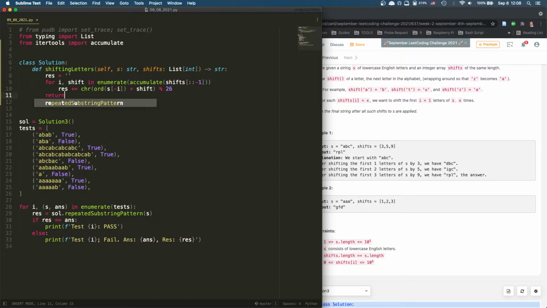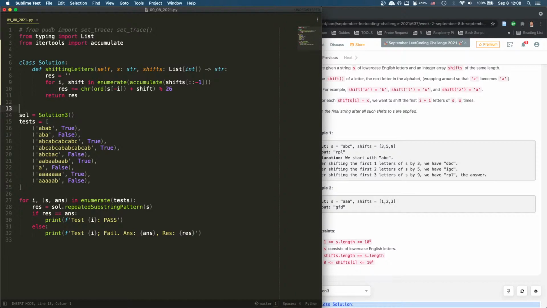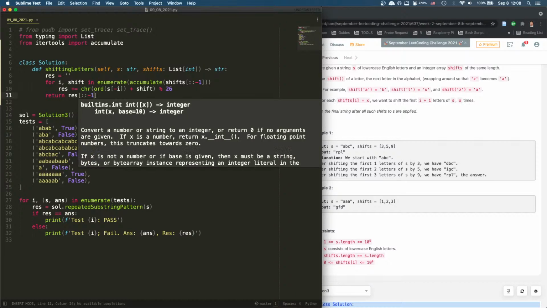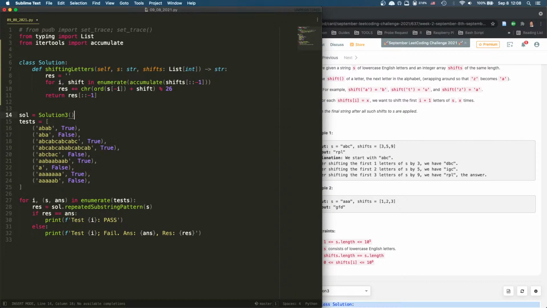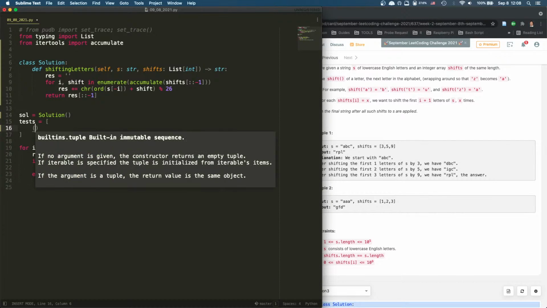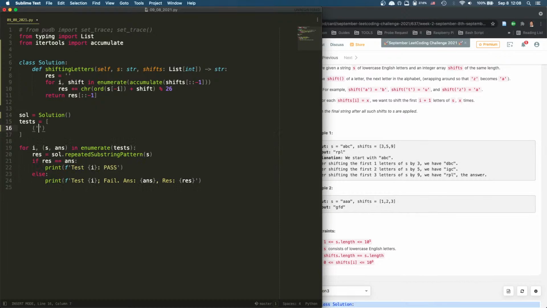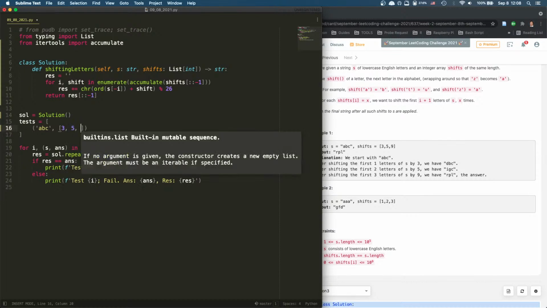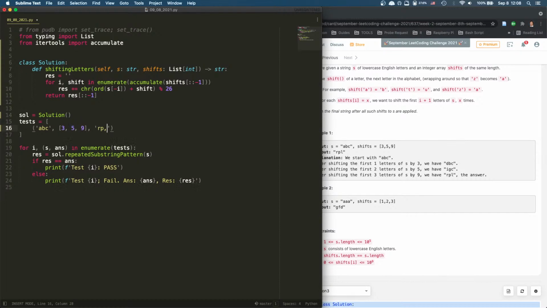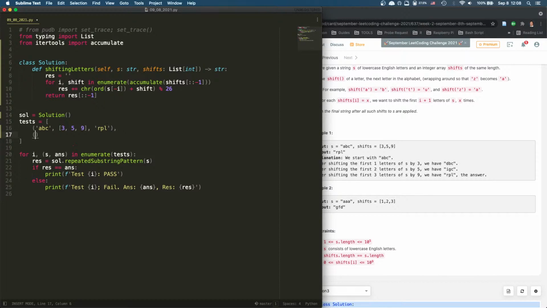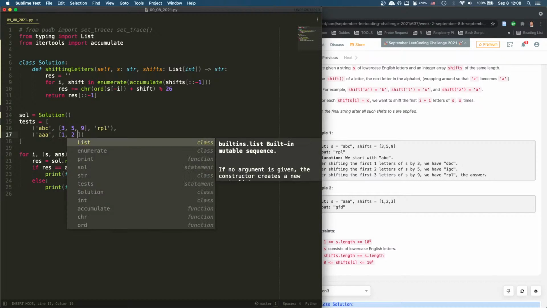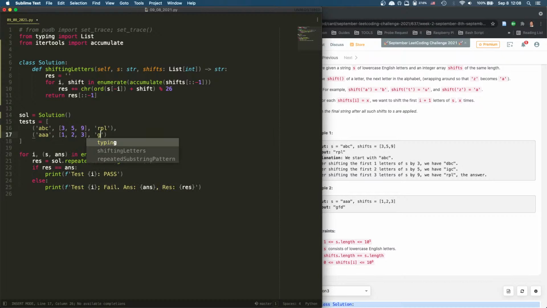All right, we return res. No, return res has to be reversed. All right, so let's take a look. We have ABC and 3 5 9, return RPL. Then we have AAA, 1 2 3. That shall return GFD.